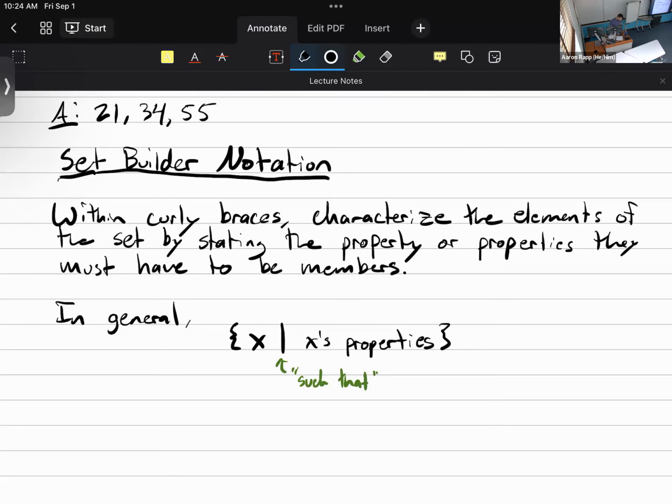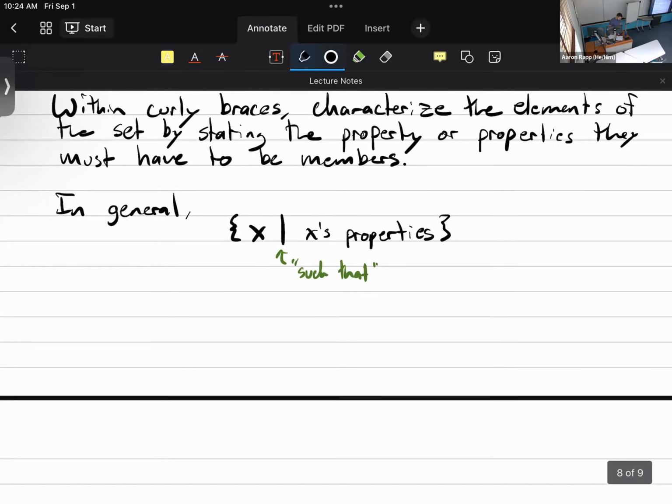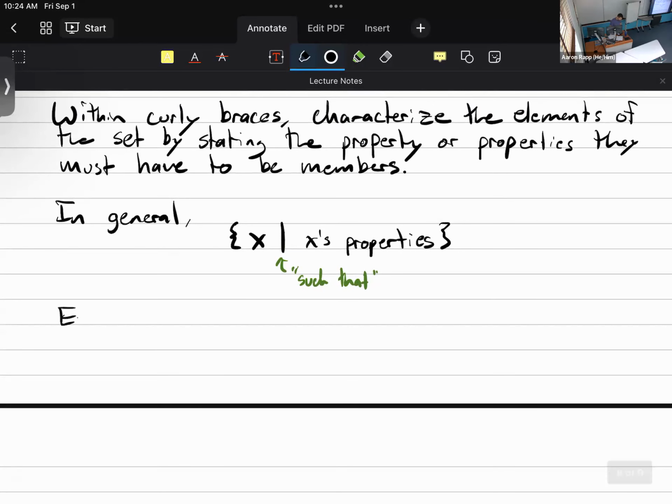So we can even just go back to some of those that we did. Sorry, one sec. So what we did, set V. What do we call this before? The set of all what? Vowels. So set V can be all letters such that the letter is a vowel.